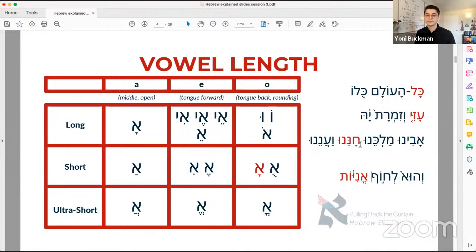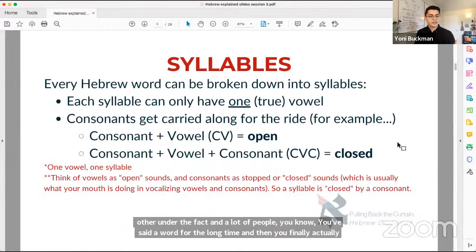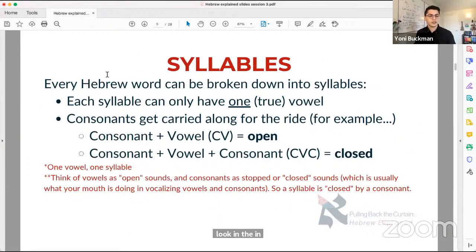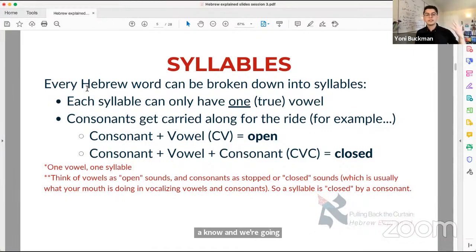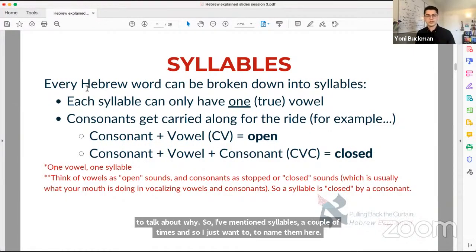So I've mentioned syllables a couple of times, and I just want to name them here. Every Hebrew word can be broken down into syllables, and a lot of the short words are just one syllable, which is okay. Syllables in Hebrew are a little different from the way we think about syllables in English.